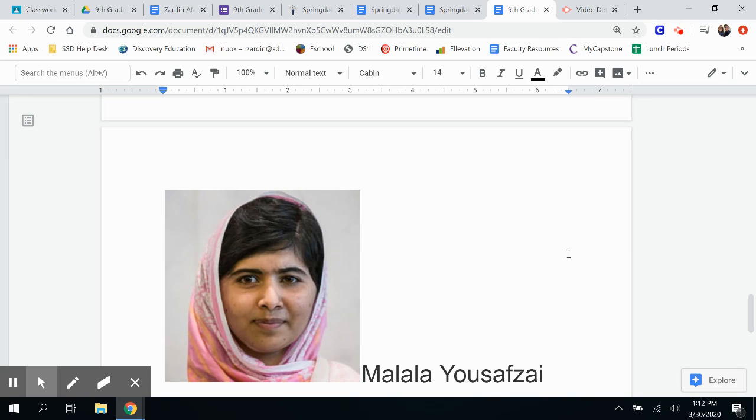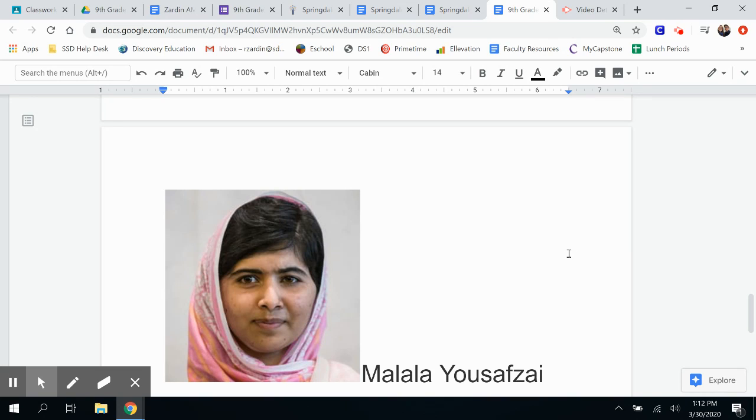She's a Pakistani woman. When she was 17, she became the youngest person ever to win a Nobel Peace Prize. And the reason she won that Peace Prize is because when she was only 15 years old, she survived an assassination attempt on her life by the Taliban. And the reason the Taliban tried to assassinate her is because even as a young child, she spoke out for girls' right to education. All she wanted was for girls to be able to have an education in Pakistan.